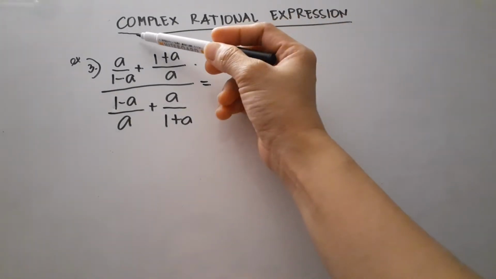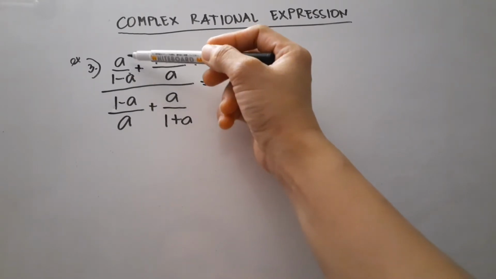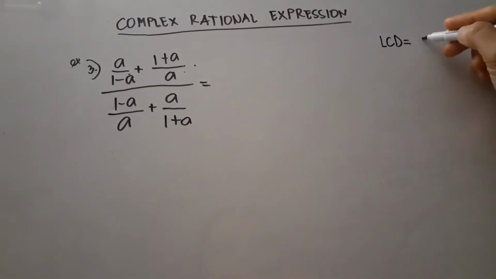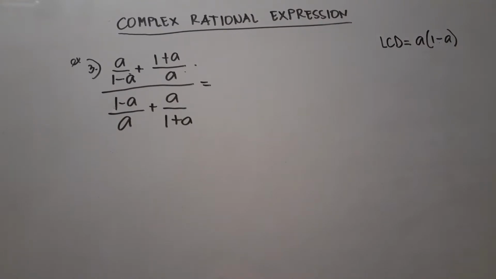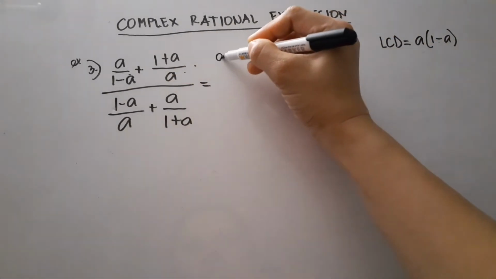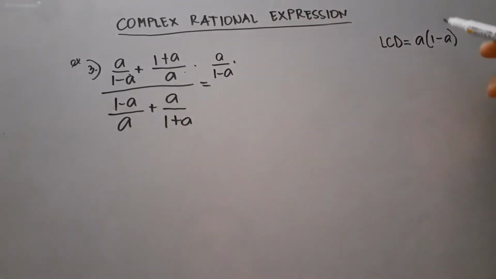First, we find the least common denominator from the numerator. Our least common denominator is the quantity (1 − a), so we multiply each numerator by (1 − a).